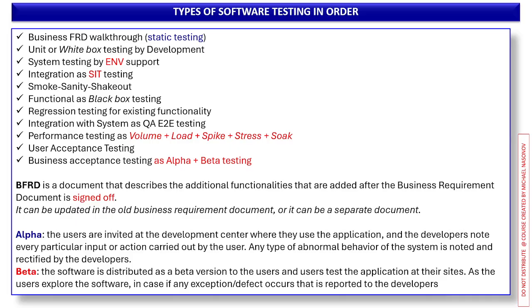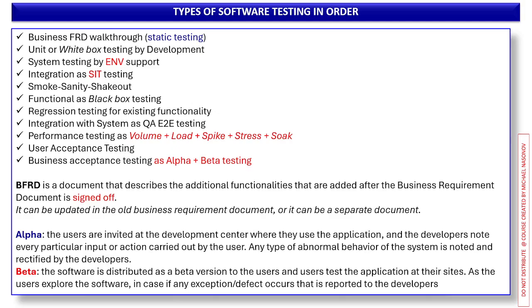In big organizations and medium size organizations, there is system testing by the environment support department. Environment support is responsible to create the testing environment for you and supply you with credentials. In large-scale organizations, there is integration testing, SIT, system integration testing.